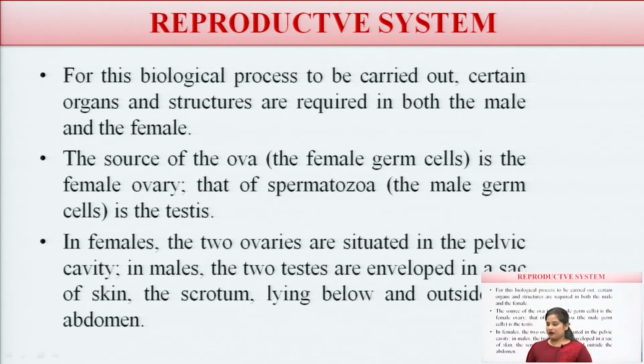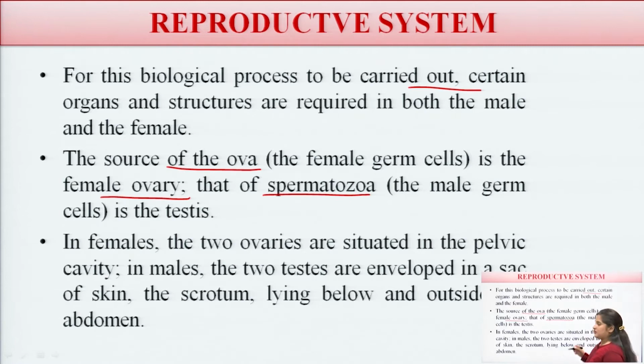Now for this biological process to be carried out, certain organs and structures are required in both male and female. The female germ cell is the egg, and the source of ova is the female ovary.